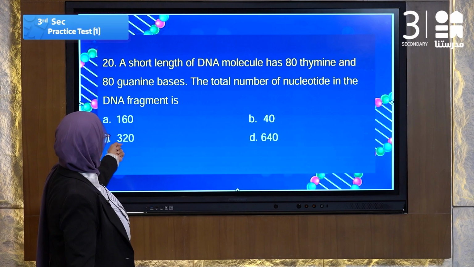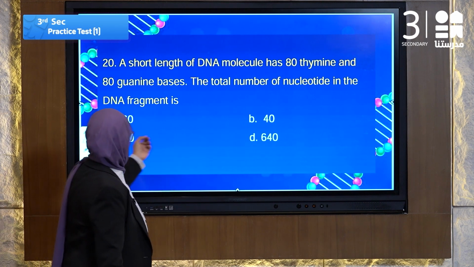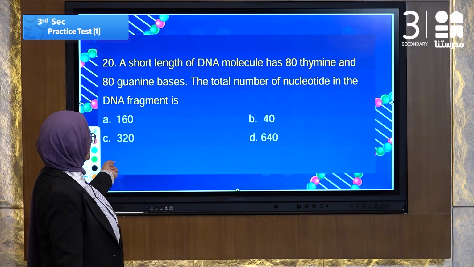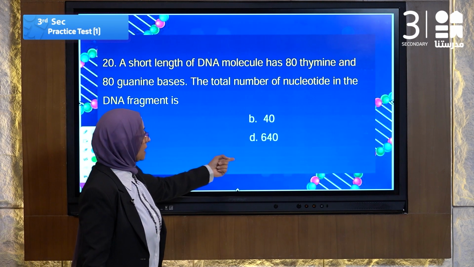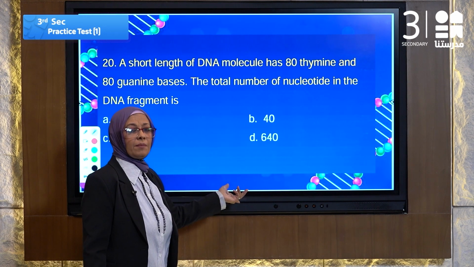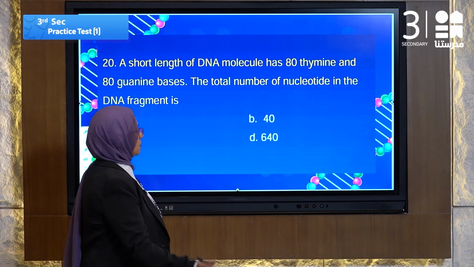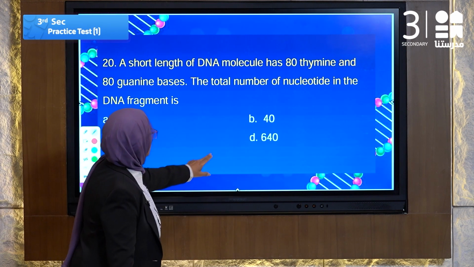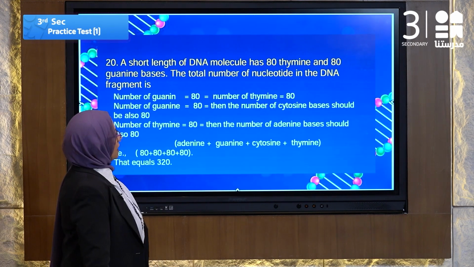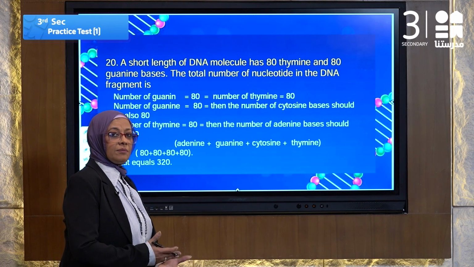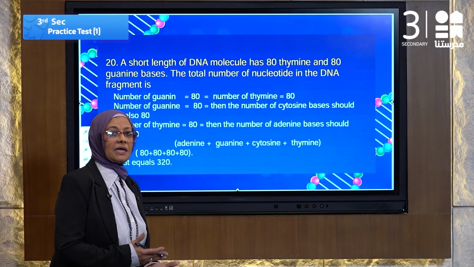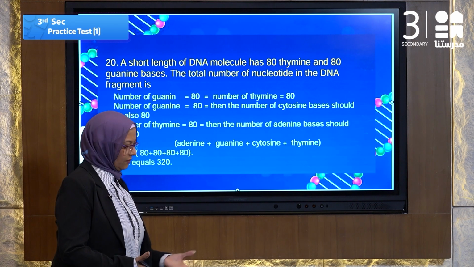160, 40, 320, 640. Which of them? We will write a mathematical equation. It depends on the number of thymine, guanine, cytosine and adenine. What are they?